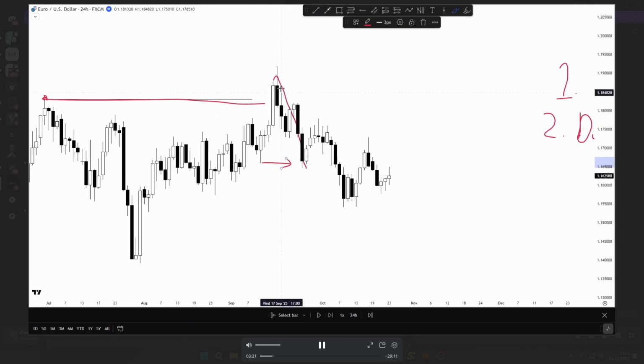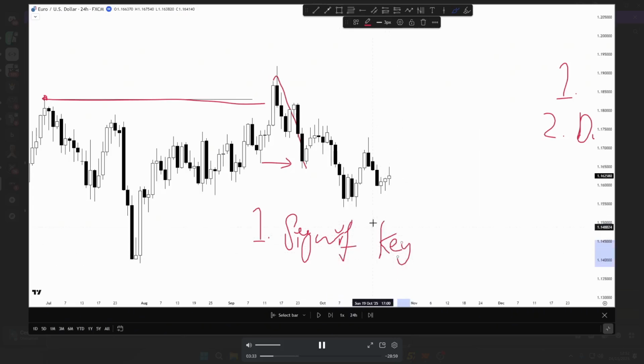The reason this structural shift is valid is, first, that we broke below a significant or key low. This low is a key low because it led to this high being broken, and once we broke above this high and took out the liquidity above it, price broke below this low. So this structural shift would be regarded as a valid one.